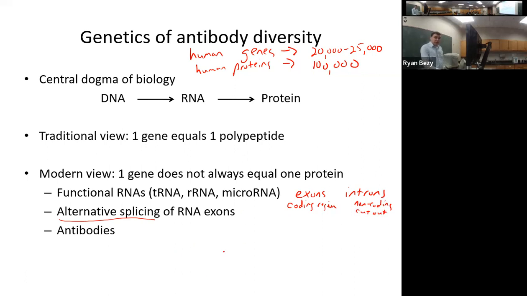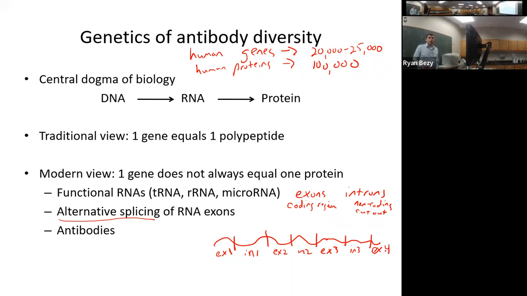But if you look at a gene, for instance, if this is my RNA molecule, maybe this portion is exon 1, and then you have intron 1. But maybe then this is exon 2, intron 2, exon 3. And again, maybe intron 3, and then maybe you have an exon 4.